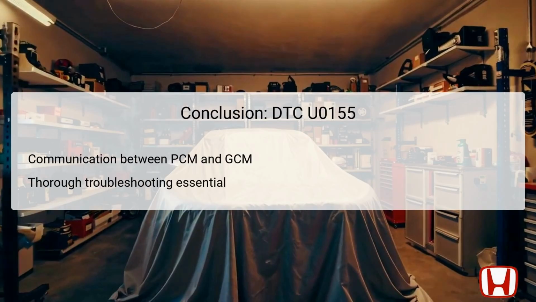In conclusion, addressing DTC U0155 requires an understanding of the communication between the Powertrain Control Module and the Gauge Control Module. Effective troubleshooting starts with a systematic approach, from confirming power and ground circuits to checking for communication line faults.